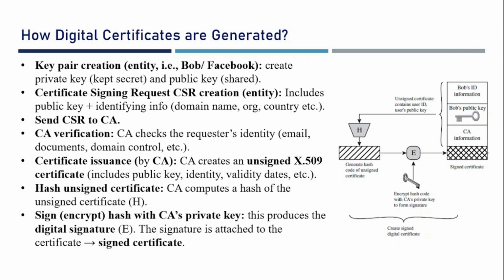This unsigned certificate is then hashed by the certificate authority. Once the hash is created, they will encrypt that hash using the certificate authority's private key, like DigiCert's private key. So this becomes a digital signature. Once this hash is signed by the certificate authority's private key, it becomes a signed certificate.